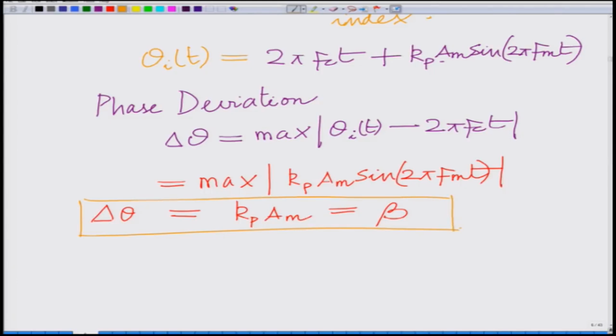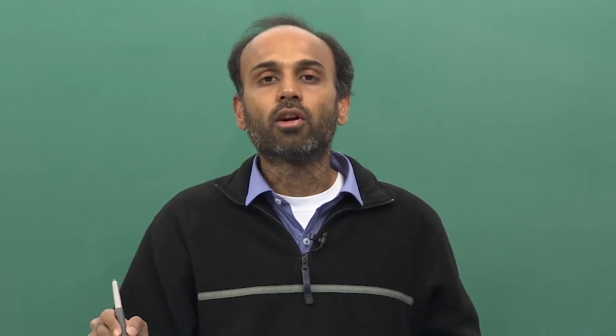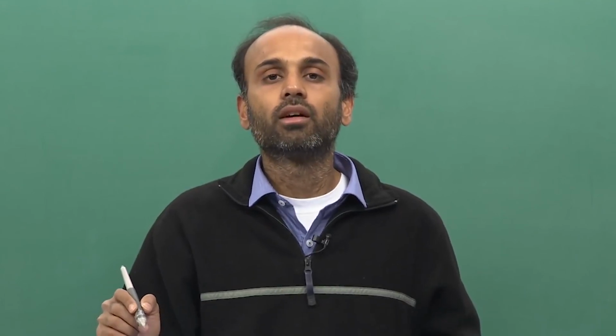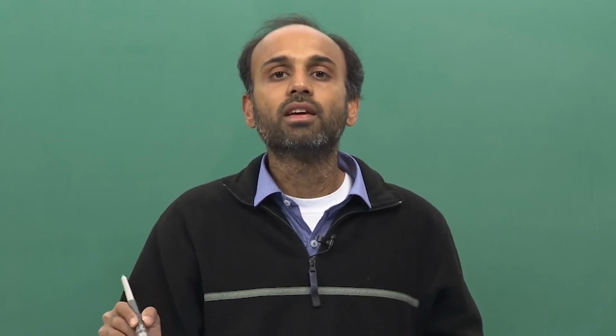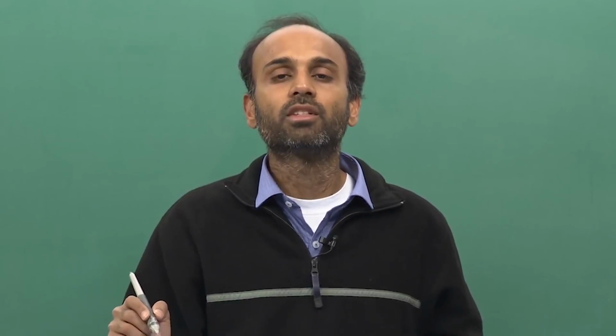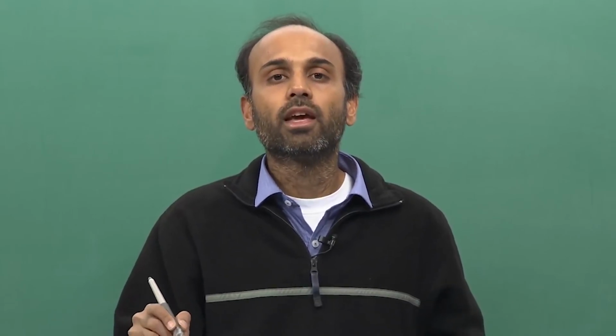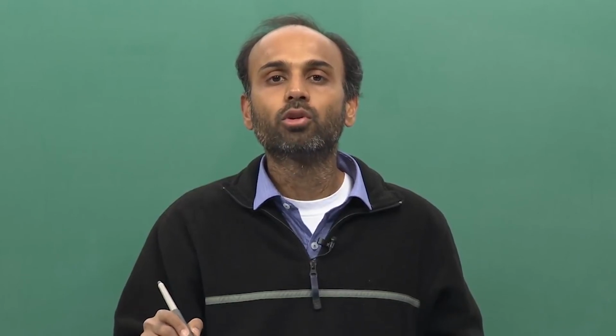So for sinusoidal modulation with phase modulation, where the phase is given by 2 pi f_c t plus k_p times m(t), what we have been able to show, for m(t) equals A_m sin 2 pi f_m t, is that the modulation index beta, which is defined as the peak frequency deviation divided by f_m, the frequency of the modulating signal, is equal to k_p times A_m, which is also seen to be the maximum phase deviation of the signal.